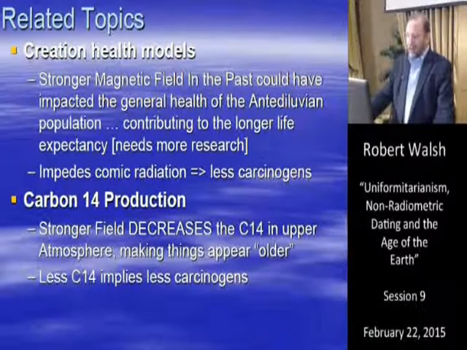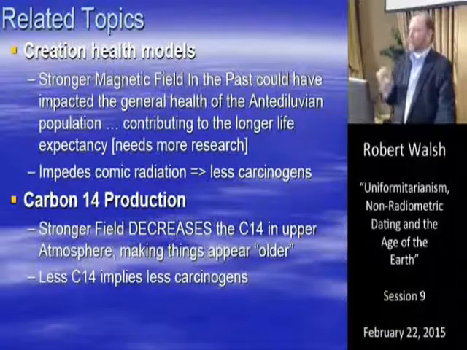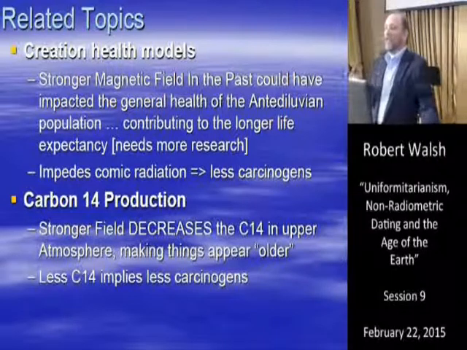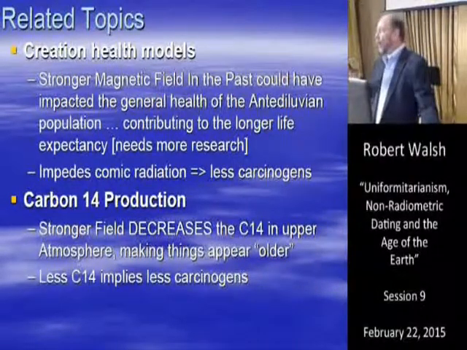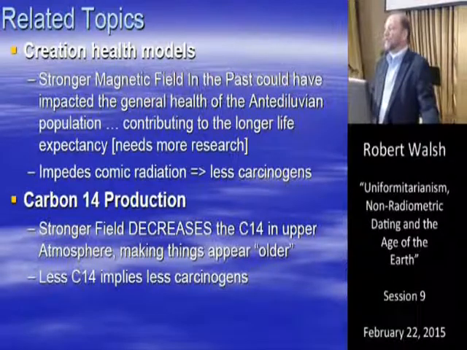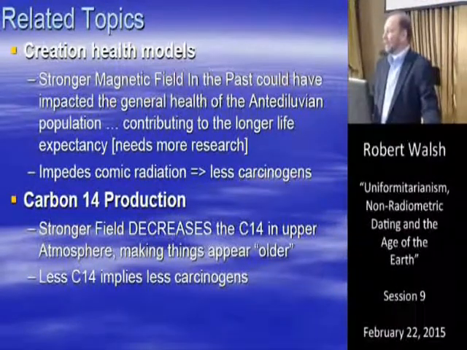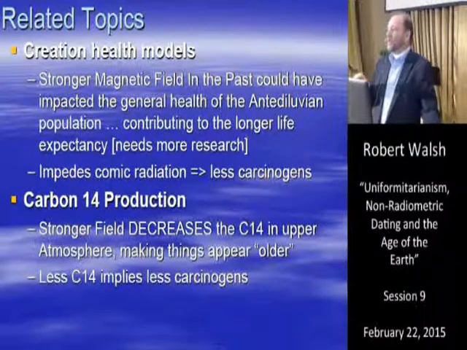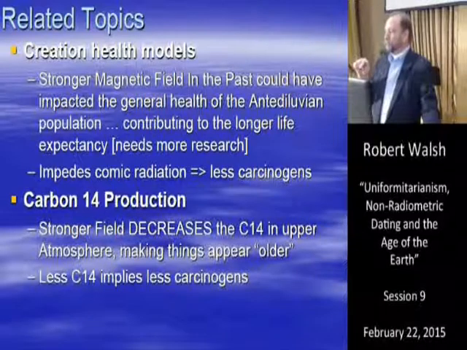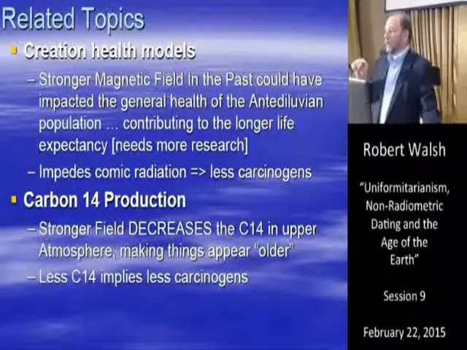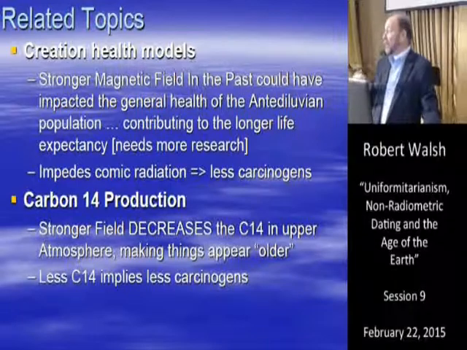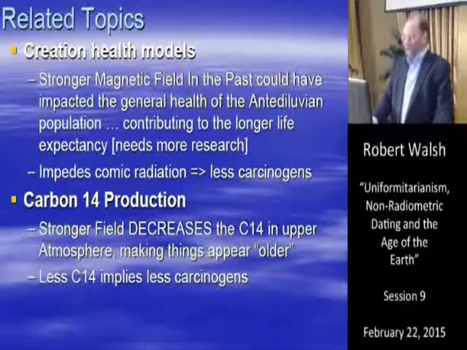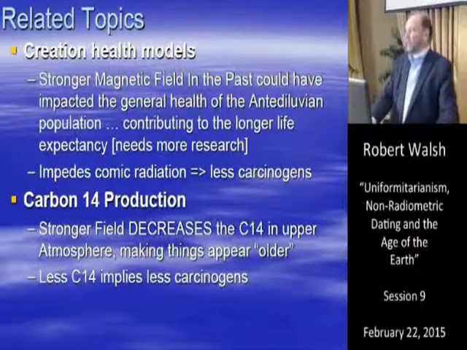And so what a stronger magnetic field in the past would imply is that there would be less carbon-14 produced in the past, therefore things would look older than they really are if you're going to use carbon-14 as a dating technique. So the creation model of origins predicts that carbon-14 would be making things look older than they really are. So that's kind of interesting. And creationists have been normalizing carbon-14 to where it's one of our best friends.